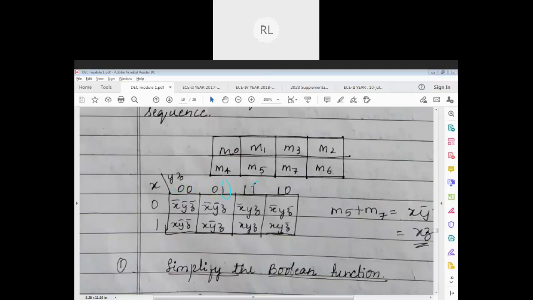Now let us consider the next terms. 1 is here, and I have 1 even here, but there should be only one bit change, so from 0 to 1, the other bit should be the same.